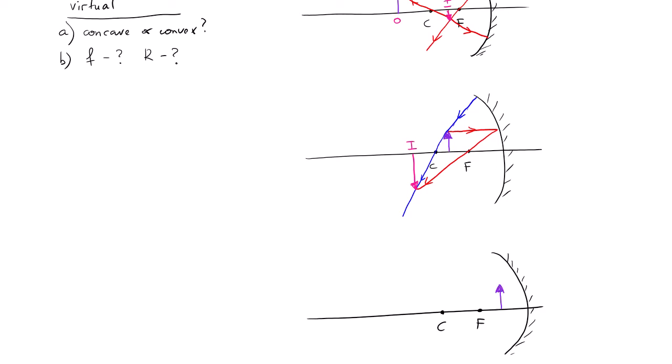Now we're going to use the two rays again. The parallel ray hits the mirror and comes back towards the focal point as the reflected ray, and the other one is the central ray, which has a direction of the center, hits the mirror, and then reflects back and passes through the center.